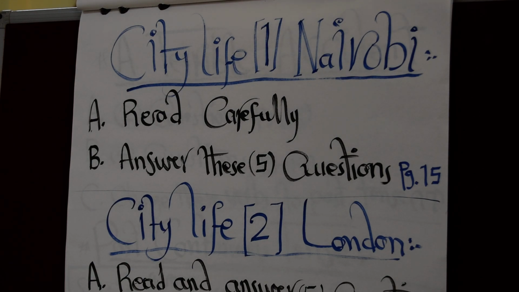Nairobi city. You can describe this city with some very important adjectives or features. For example, fastest growing city, or exciting and modern and crowded. And there are some major problems that Nairobi faces, for example, pollution and traffic congestion.